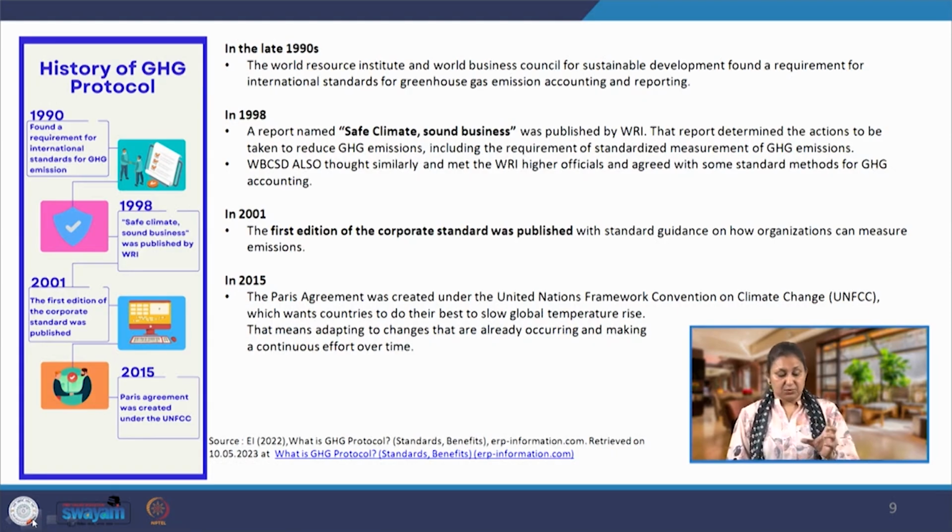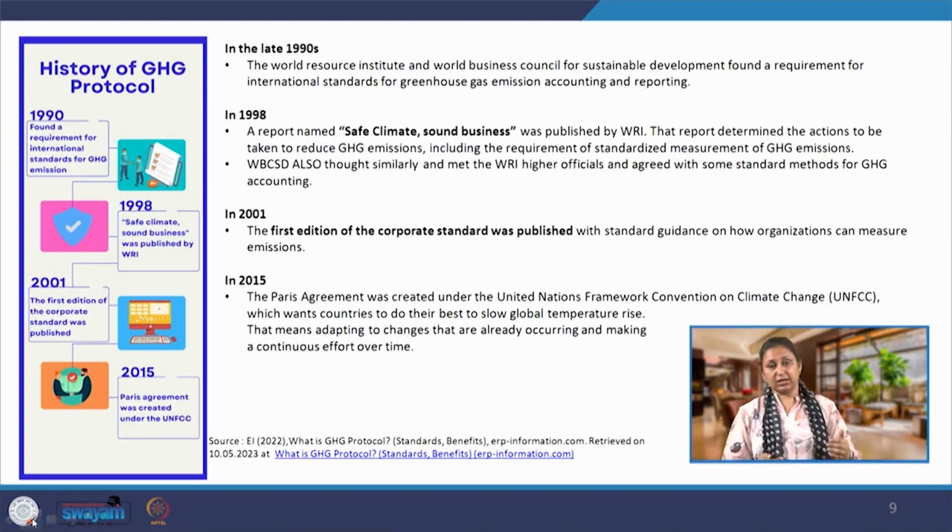At that time it was known as the corporate standard, and gradually that got elaborated, which is what we know as the GHG protocol today. And in 2015, almost 15 years later, the Paris Agreement was signed, created under the UNFCCC, which is what we have seen.